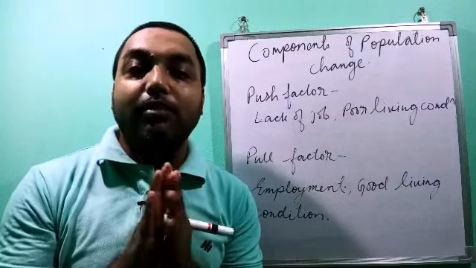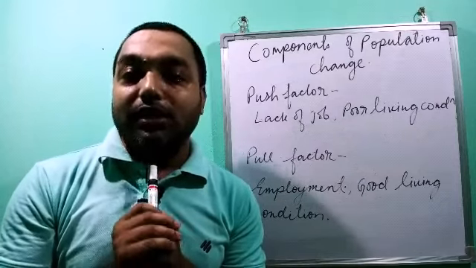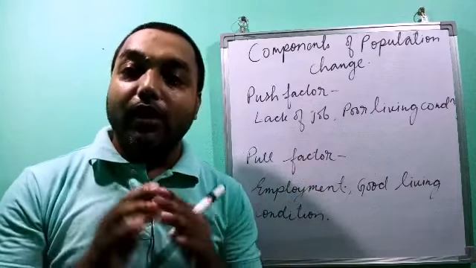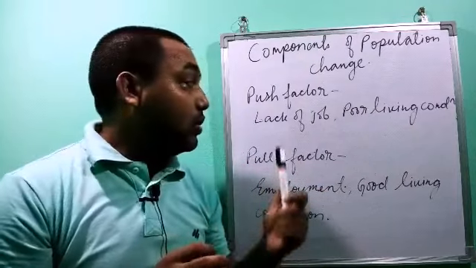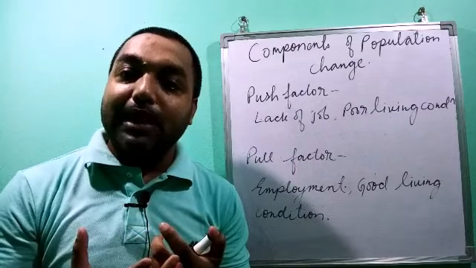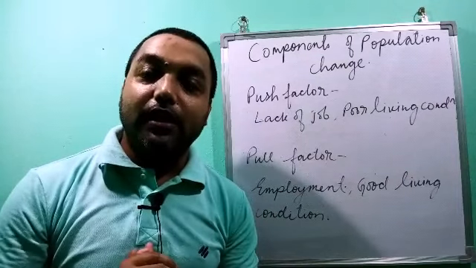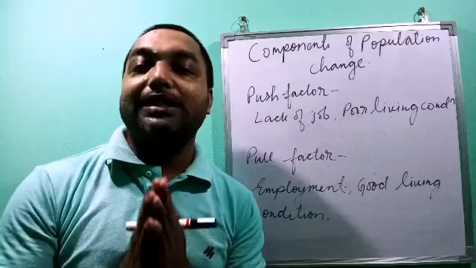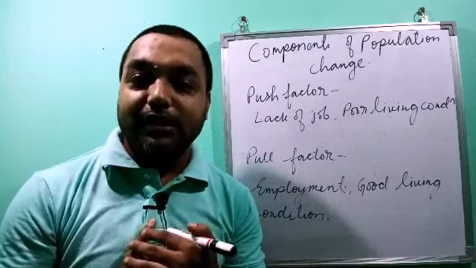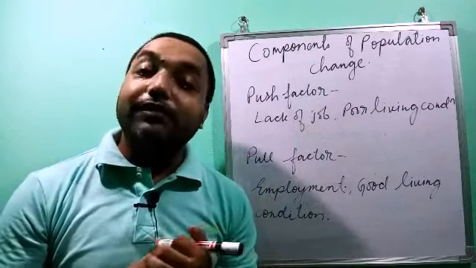For example, the most important condition is the lack of job, lack of employment. This is one of the most important conditions for which people leave a particular place and go somewhere else to settle down. Other than that, poor living conditions. If the living condition in that particular place is very bad, like no electric facility, no water facility, no shopping malls, people also don't like to live in those areas.